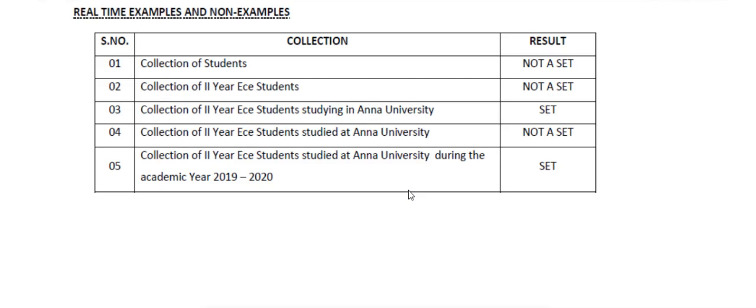If it is well defined only, you will be giving out the data whatever they are asking for, right? If there is a chance for questioning, that is not a set mathematically. That is very, very simple, right?